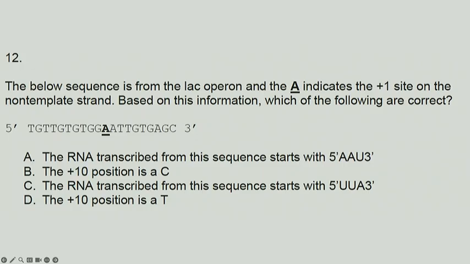So the new RNA that it lays down is going to be A at the 5' end, then A, U, U, G, etc., down to the 3' end. It's going downstream, which is the plus direction.